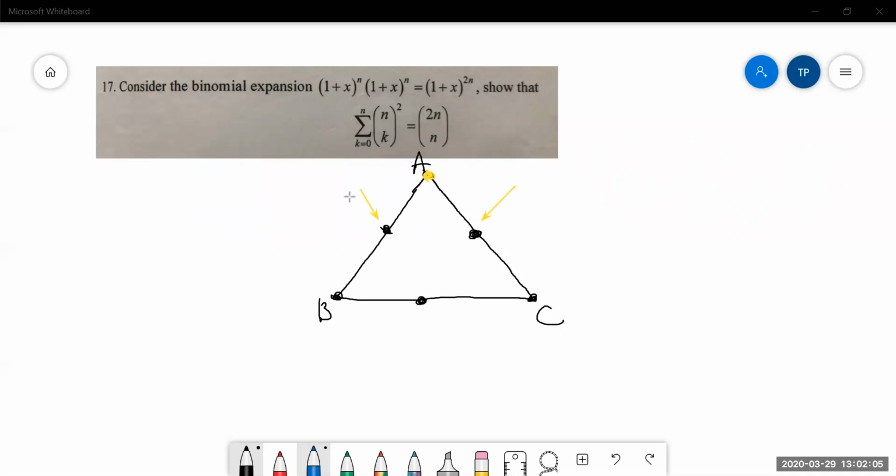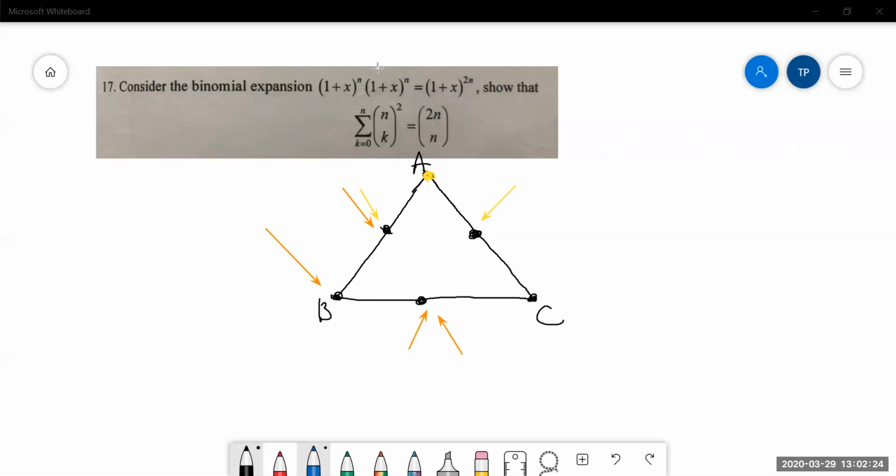A can choose this one and this one to form a triangle also. Or A can also choose this one and this one to form a triangle also, right?